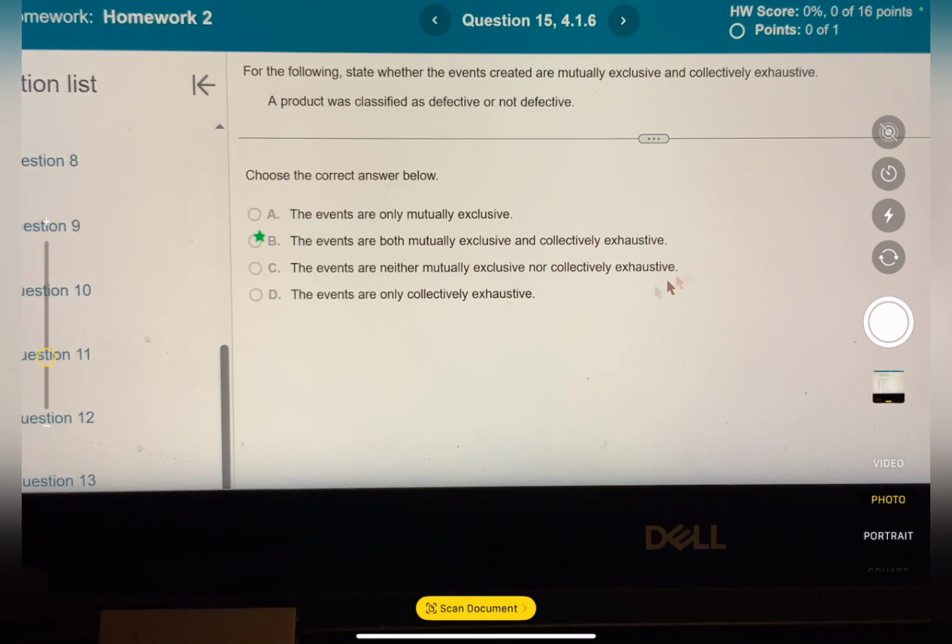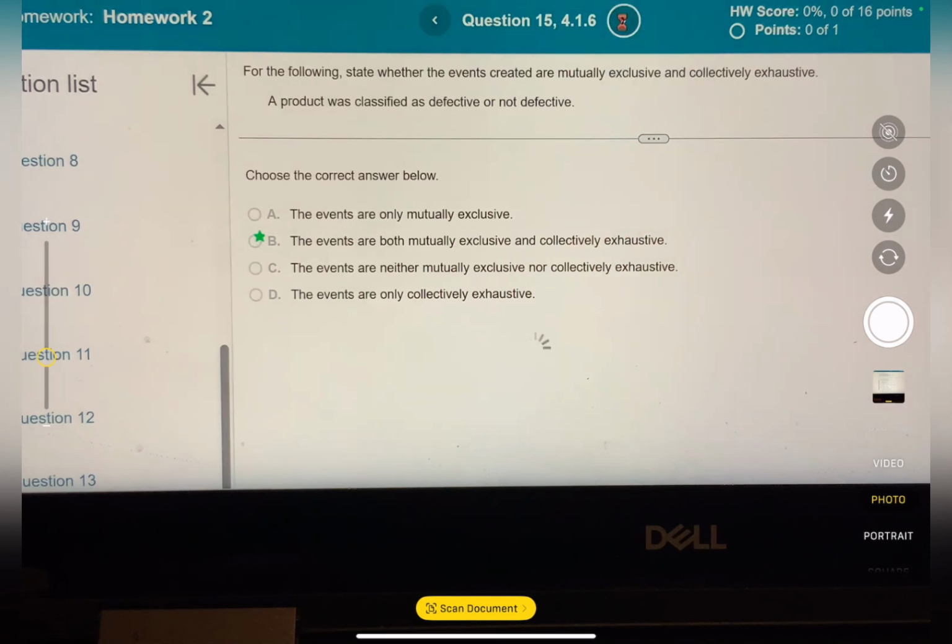And collectively exhaustive. And C, the events are neither mutually exclusive. That's not true because they are mutually exclusive. And the events are only collectively exhaustive. That's also not the case. It has to be mutually exclusive and collectively exhaustive.